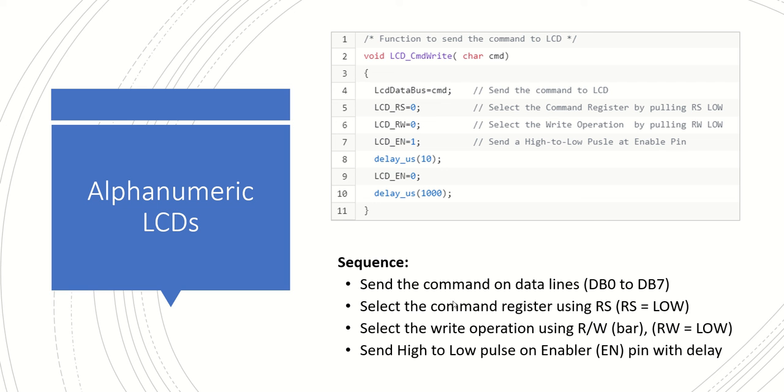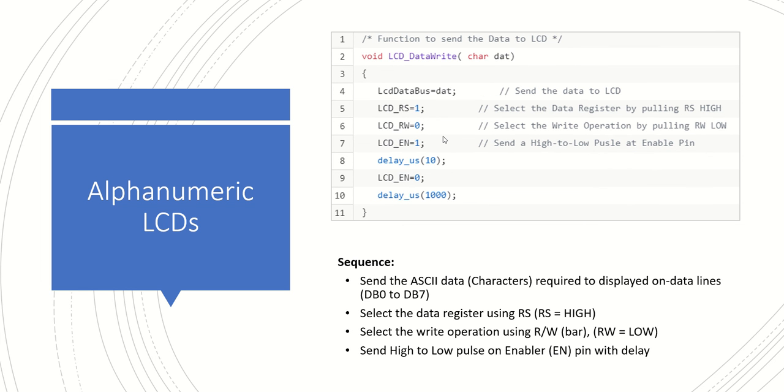So send the command on the DB0 to DB7 lines, select the command register, perform the write operation, that's why you make this low, and an enable high to low signal with delay. Similarly, for the data write operation, the same kind of function is used, where you pass some data value to this function.